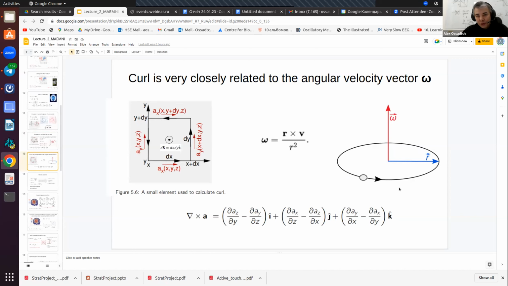And again, as I mentioned already, this is related to the angular velocity, where angular velocity is a vector perpendicular to the plane in which a particle is rotating. See again the use of this vector product: it allows you to go into the plane orthogonal to the plane where things are happening.